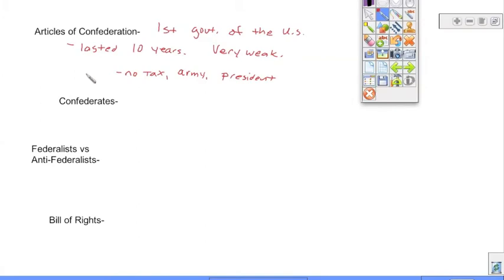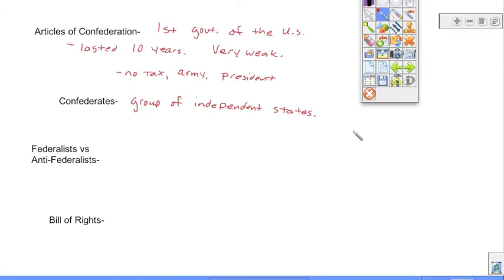Now, to say it's a confederate or a confederation means that they are a grouping of independent states. So under these articles, every state was pretty much on their own. They agreed to kind of work together for some mutual things, but there was not one government overseeing them all.